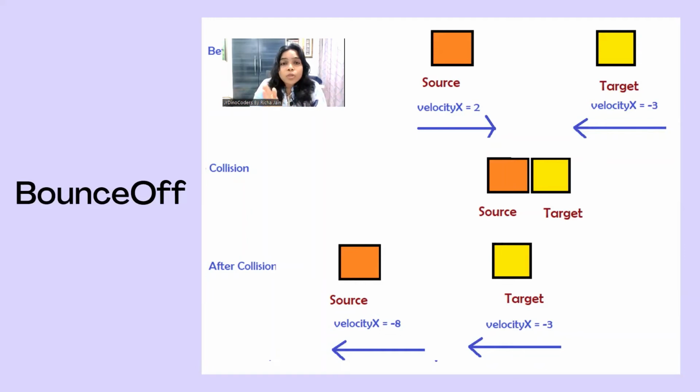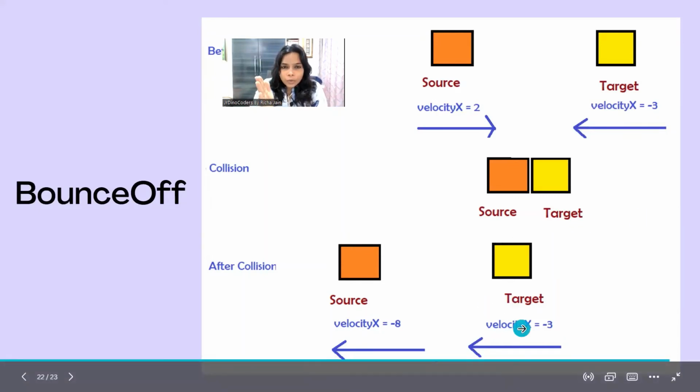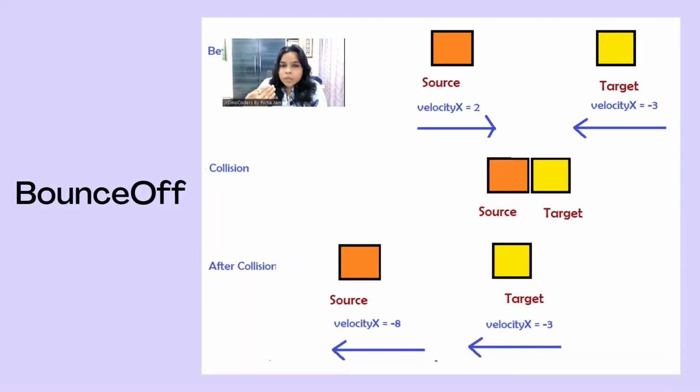In this, generally my target's velocity is 0. For example, if we want to create a ping pong game, my target's velocity could be 0 while my source is jumping up and down. My target's velocity is not changing; what is changing is only my source's velocity.